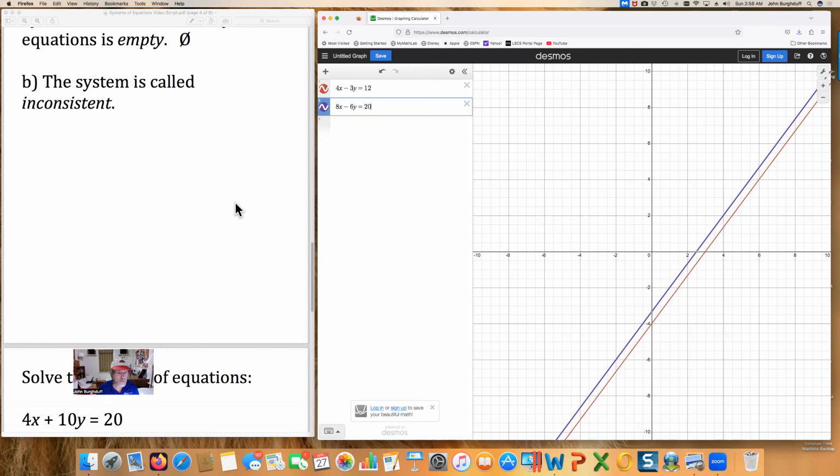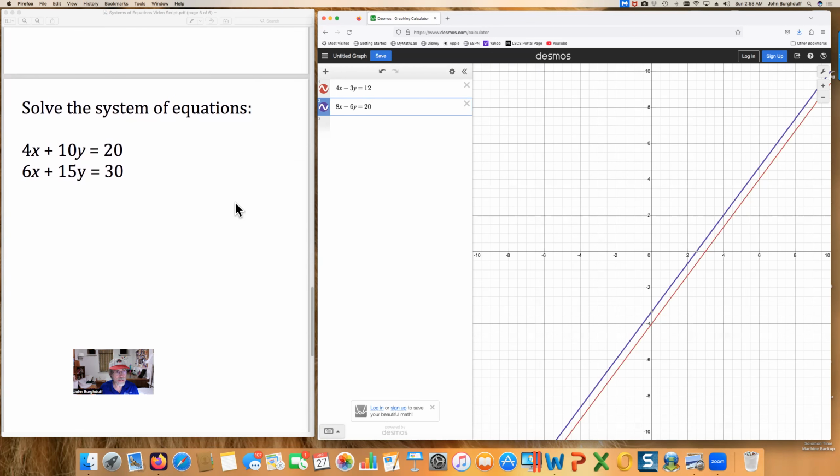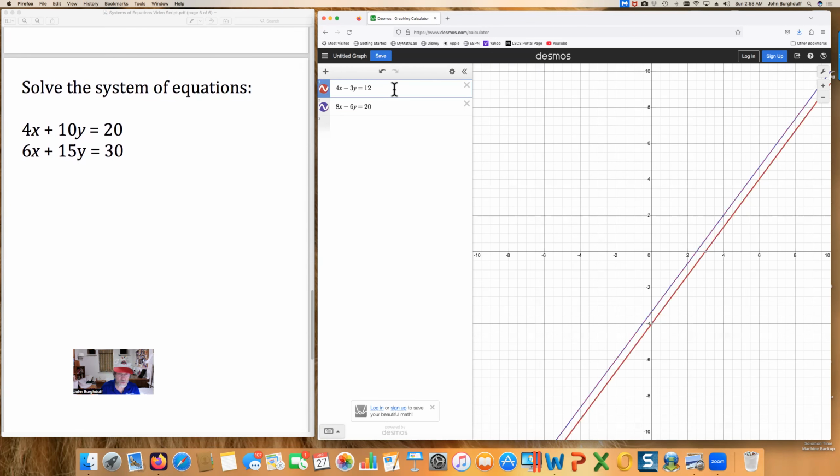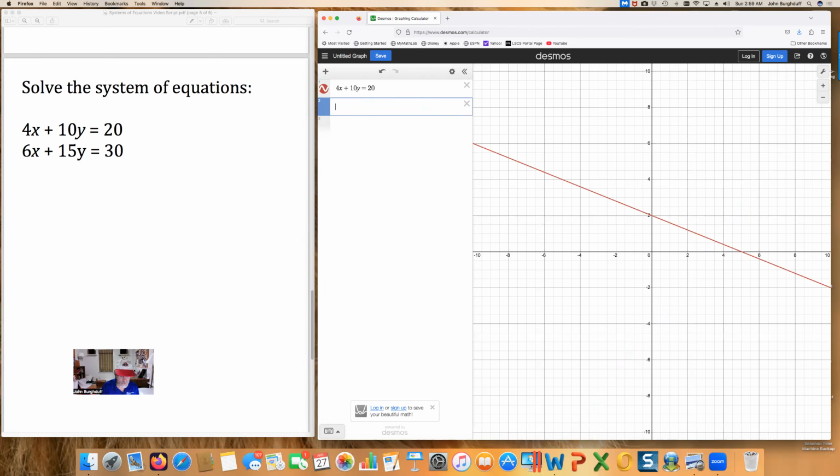Now, there's actually a third option, which you might not think of right away. Let's look at these two equations here. 4x plus 10y equals 20, and 6x plus 15y equals, now before I actually enter the last number here, I want to emphasize that this red line represents 4x plus 10y equals 20.